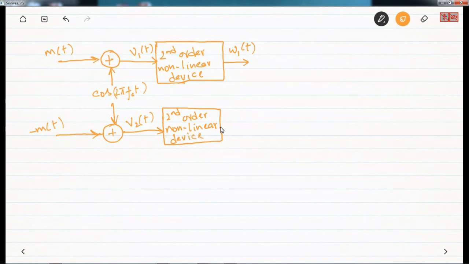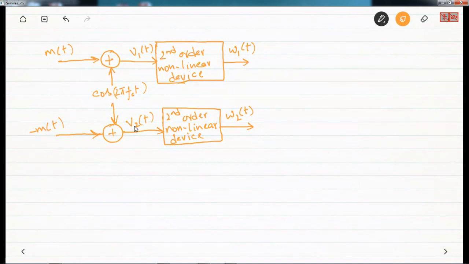Let's call this out, right? So here is the carrier signal source. We are giving the same thing to another adder, and here instead of m of t we have minus m of t, and then we are calling that.